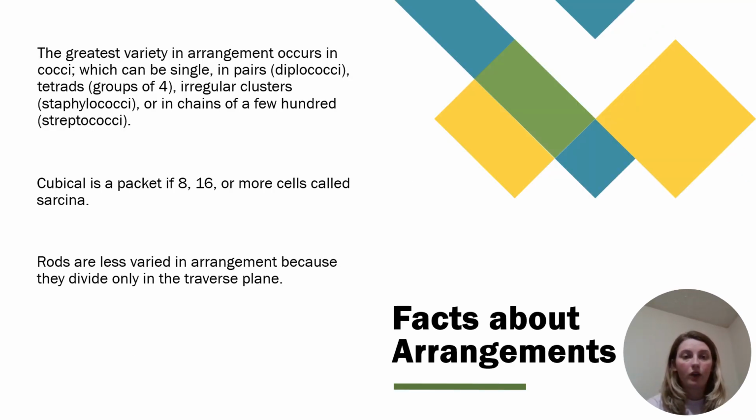The greatest variety and arrangement occurs in cocci, which can be single, in pairs, diplococci, tetrads, which is a group of 4, irregular clusters, staphylococcus, or in chains of a few hundred, streptococci.